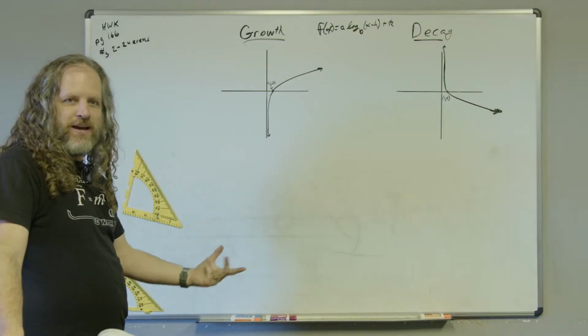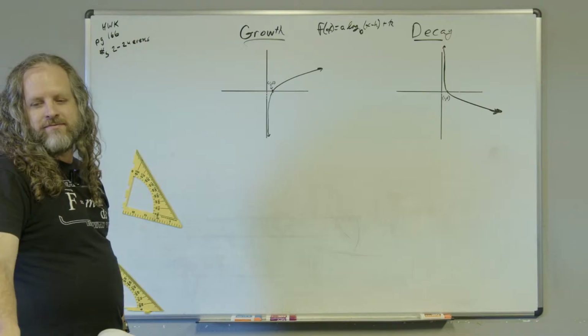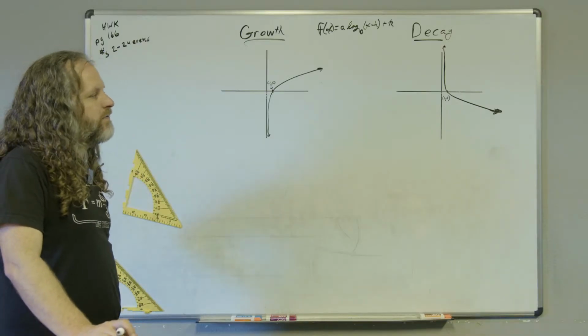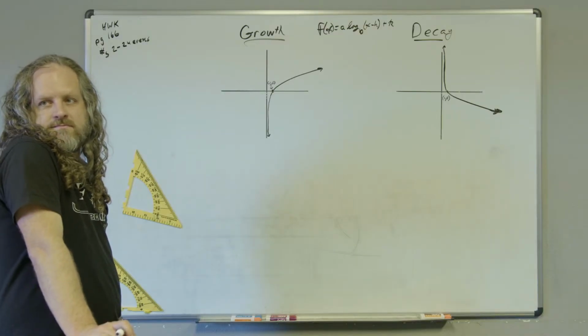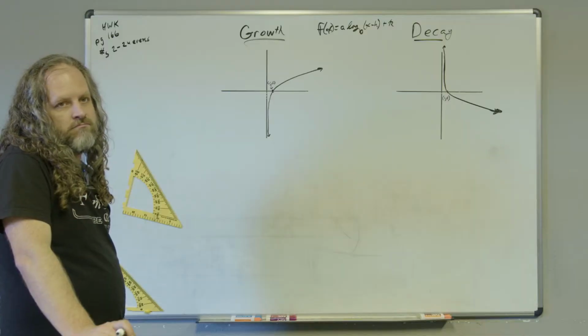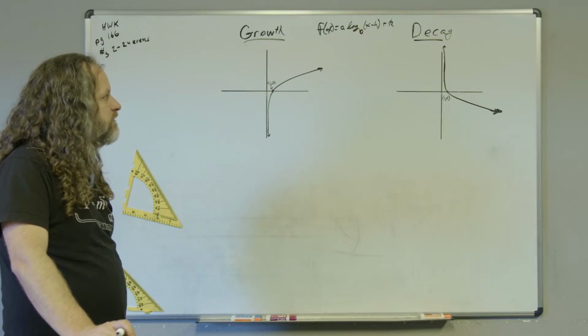When b is between 0 and 1, it's logarithmic decay. When b is negative, it's a horizontal reflection, so basically do the opposite.